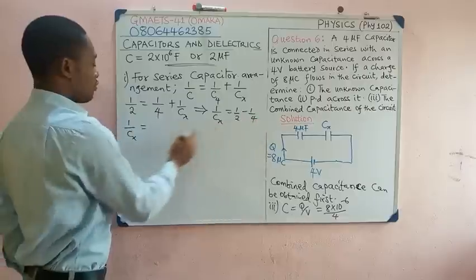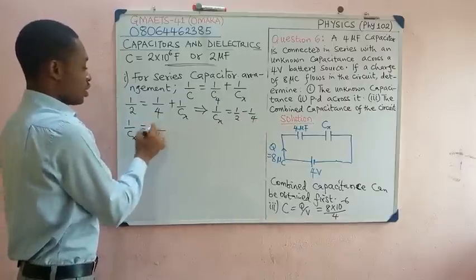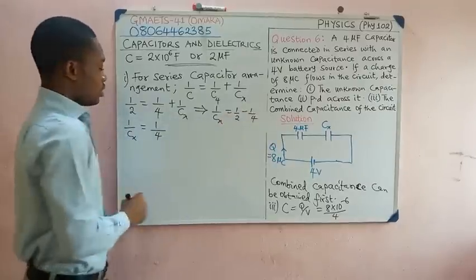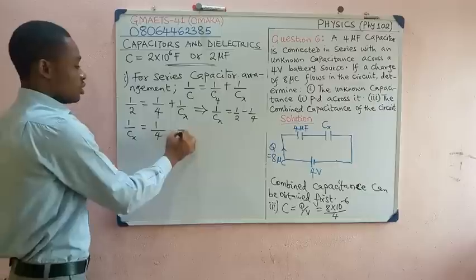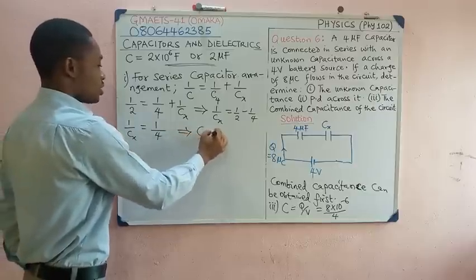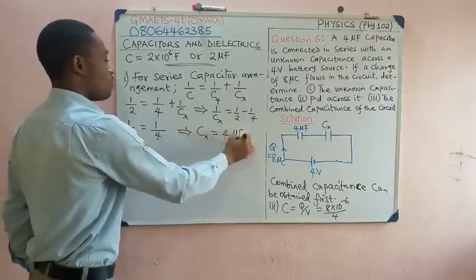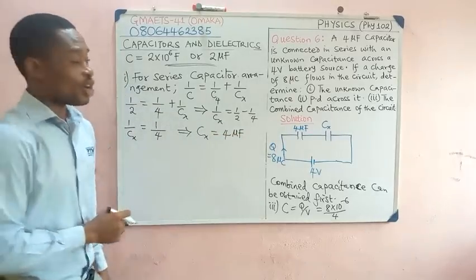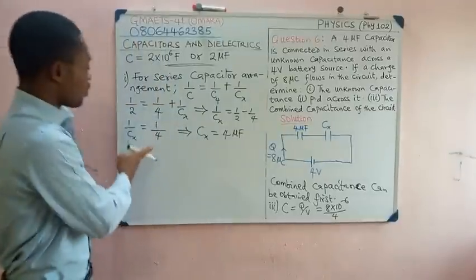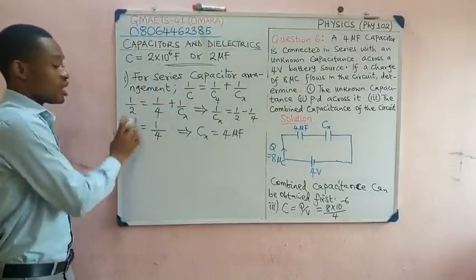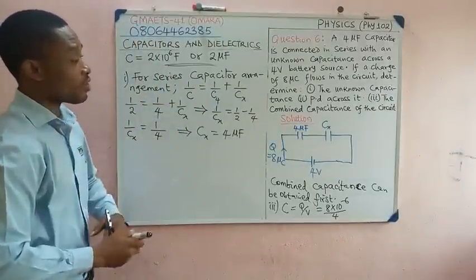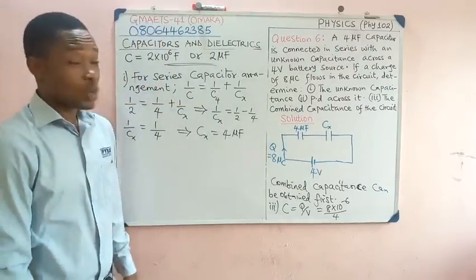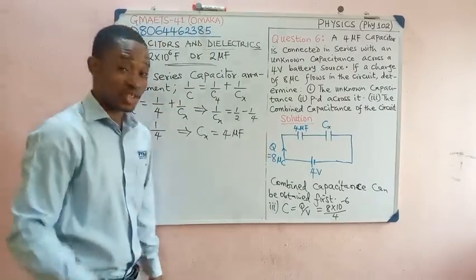The LCM of these is 4, so if you work around that, you get 1 in the numerator. Therefore, our Cx is equal to 4 microfarad. So we have obtained the value of the unknown capacitance. They happen to be equal. You expect that anyway, theoretically.